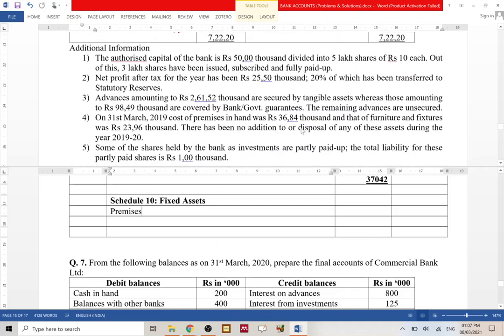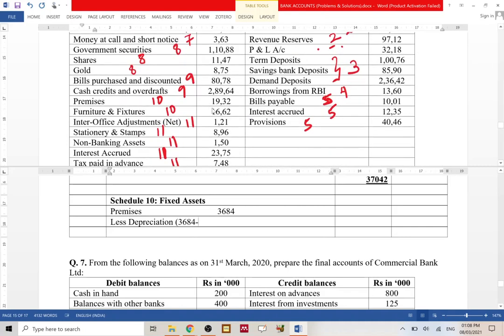Cost of the premises, we take the opening balance over here. Okay, of premises was 3684, right, less depreciation. How will we get what was the depreciation amount? Although it's not given in the problem, we say this opening balance 3684 minus the closing balance given in the problem, that is 1932.